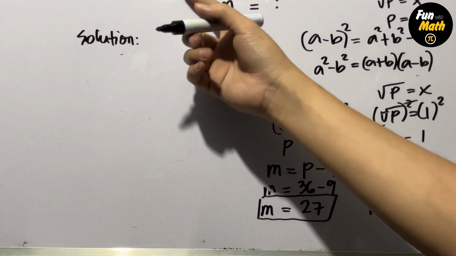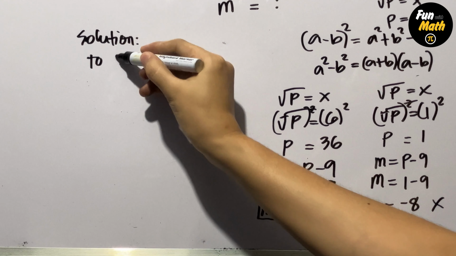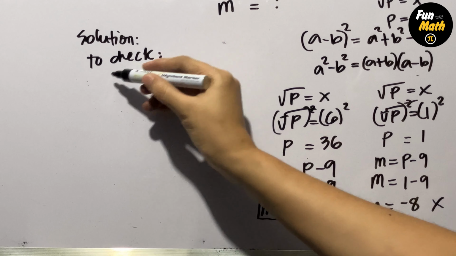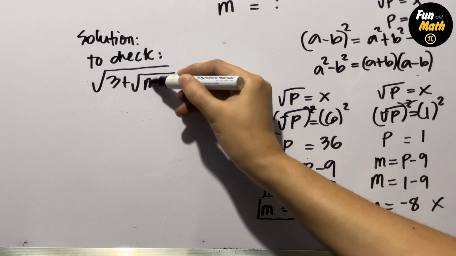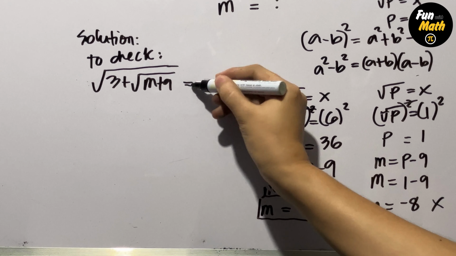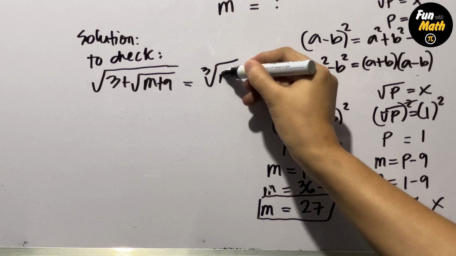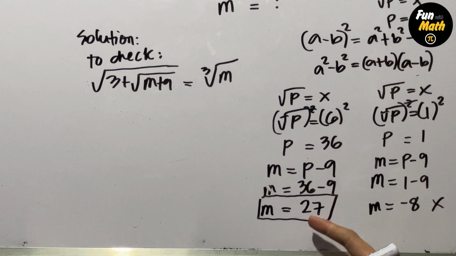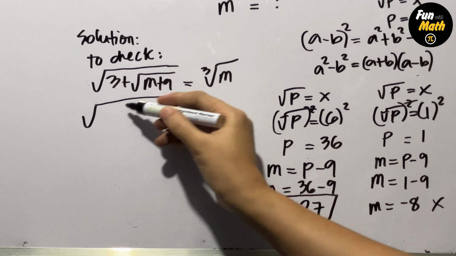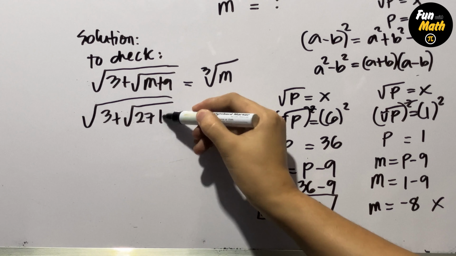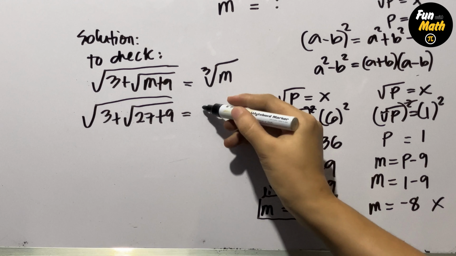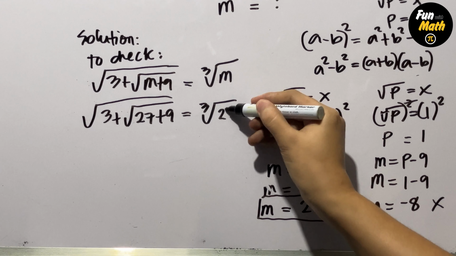So using the given equation, to check, square root of 3 plus square root of m plus 9 equals cube root of m. So now substitute, m is equal to 27. Square root of 3 plus square root of 27 plus 9 equals cube root of 27.